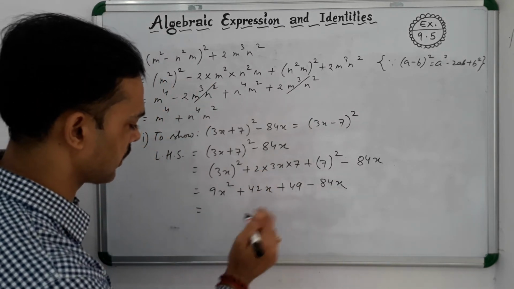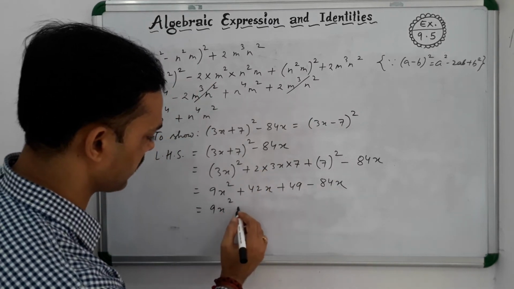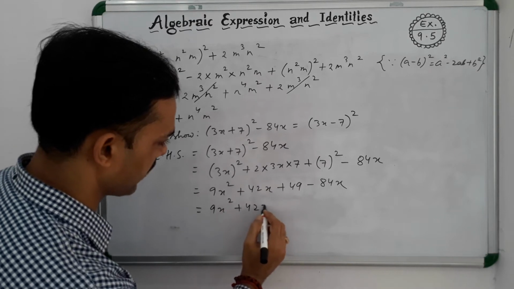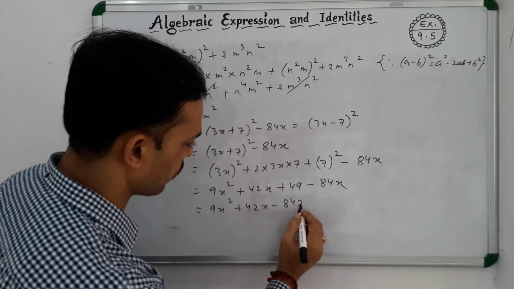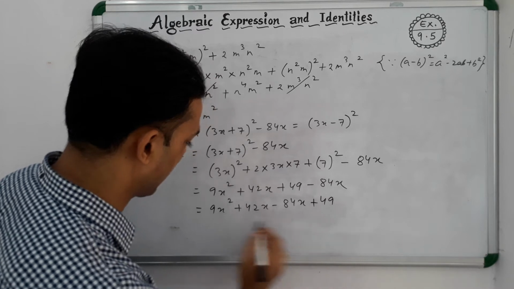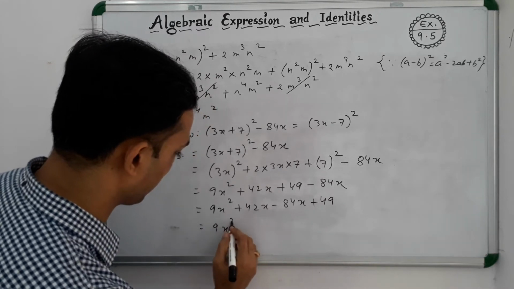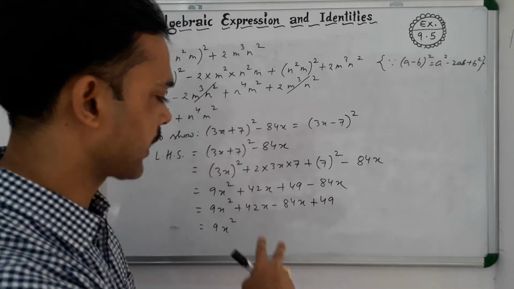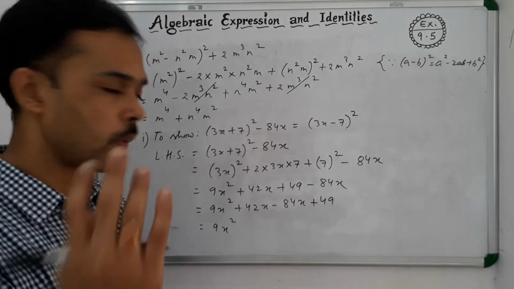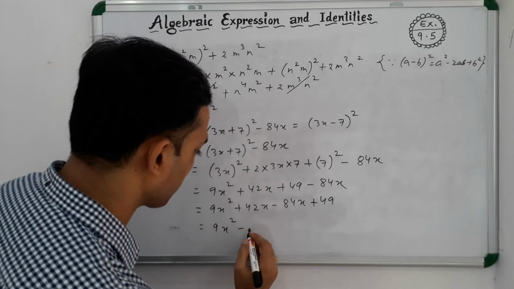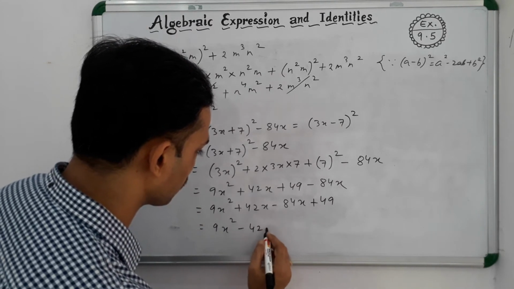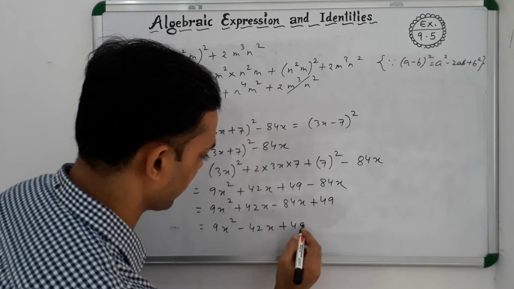These two are the like terms. 9x square plus 42x minus 84x plus 49. 9x square. This is plus 42x minus 84x. When you subtract, then you get minus 42x plus 49.